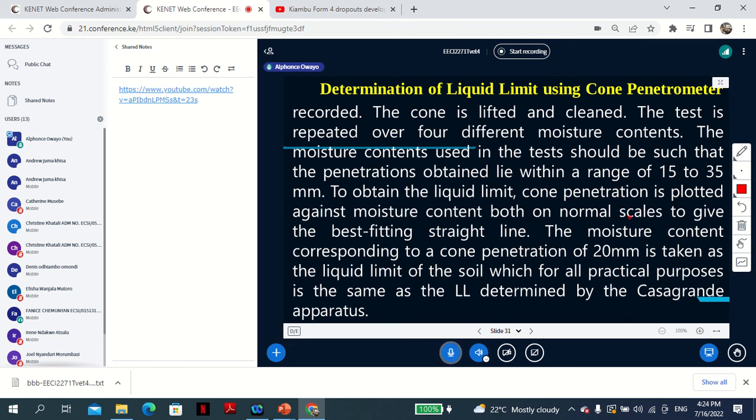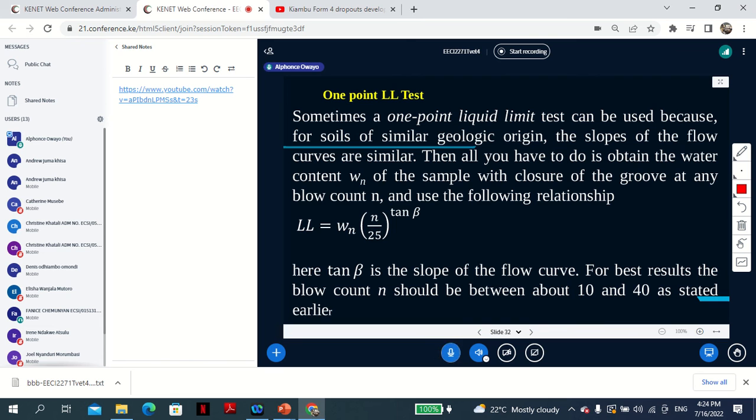So we said that, to give the best fitting straight line, the moisture content corresponding to a cone penetration of 20 is taken as the liquid limit of the soil, which for all practical purposes is the same as the LL obtained by the Casagrande apparatus. Research has shown that when penetration is 20, that coincides with the results from the Casagrande tool.